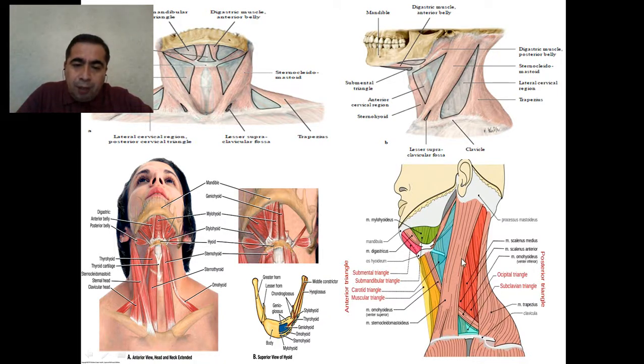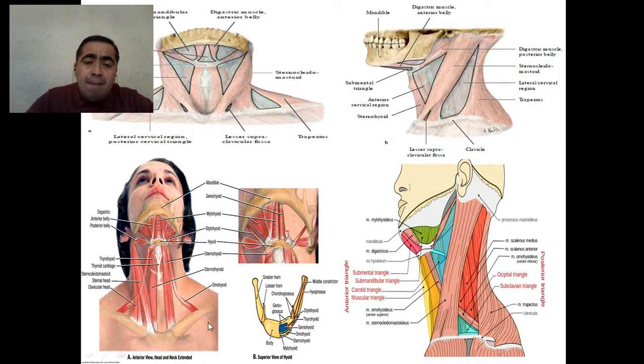The position of the hyoid bone, the topography of the hyoid bone, has great importance for understanding the several triangles, such as the submandibular Pirogov's triangle.